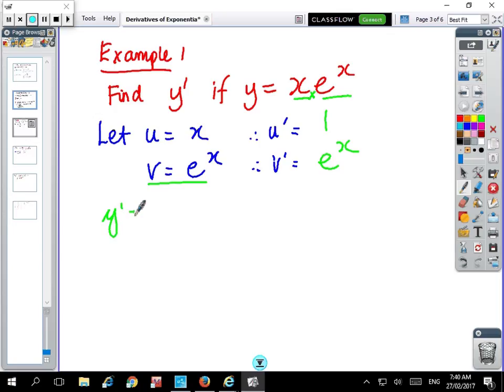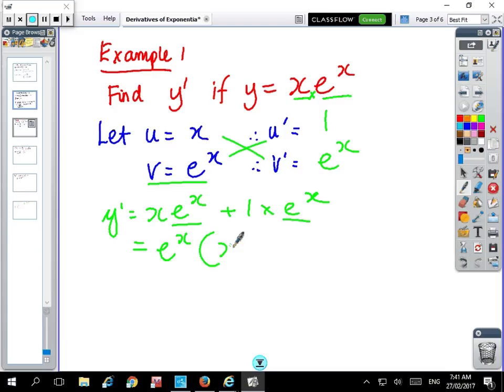And so the derivative, we just do the cross in between. So we've got xe^x plus 1 times e to the x, and this is where we factorise it. So e to the x is common to both terms, leaving behind x plus 1. Okay, and we're going to use that answer on our last page as well.